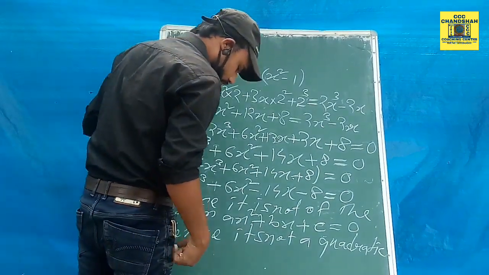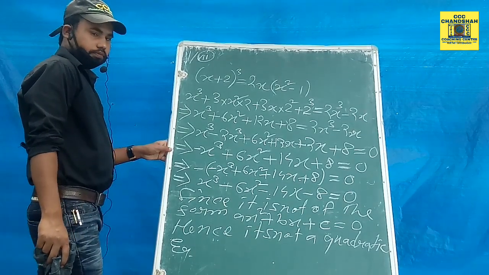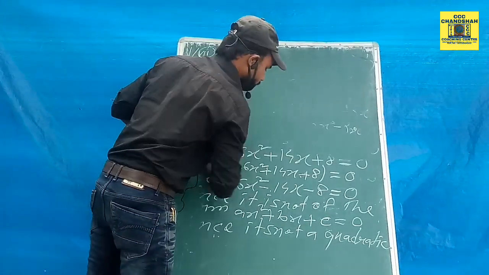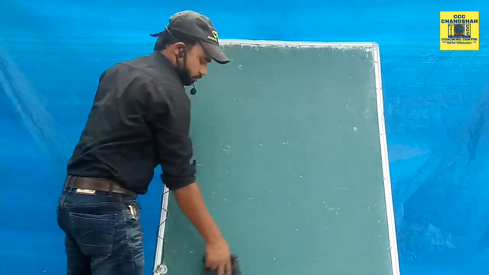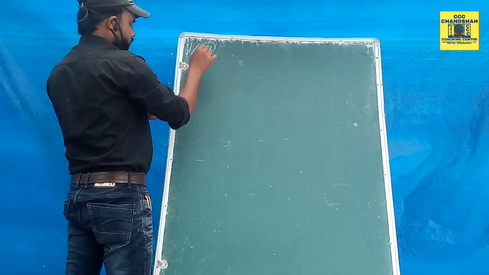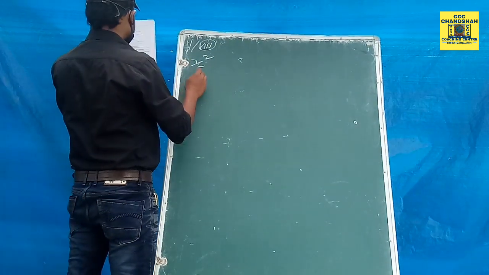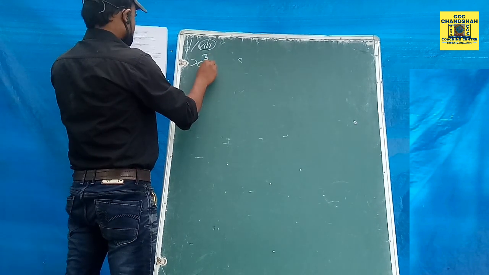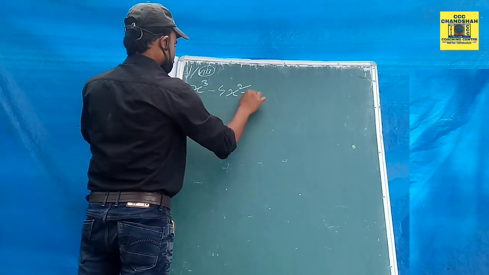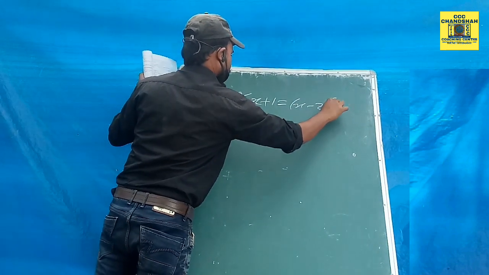Okay, now let us get started with the next one. x cube minus 4x square minus x plus 1 is equal to x minus 2 whole cube.